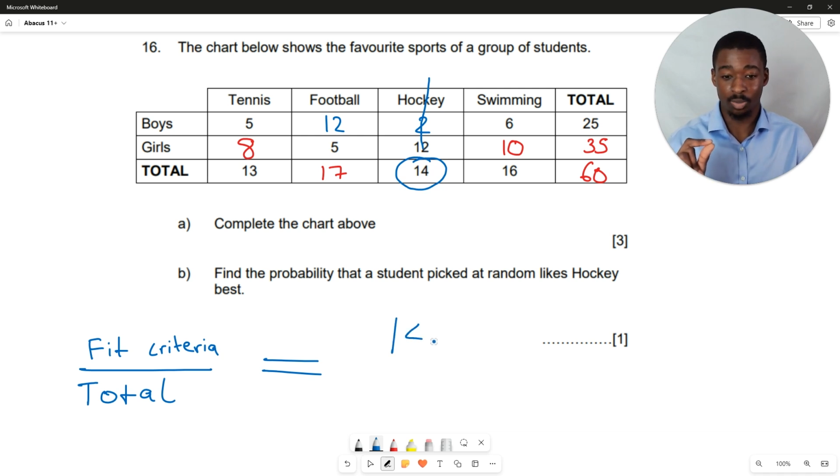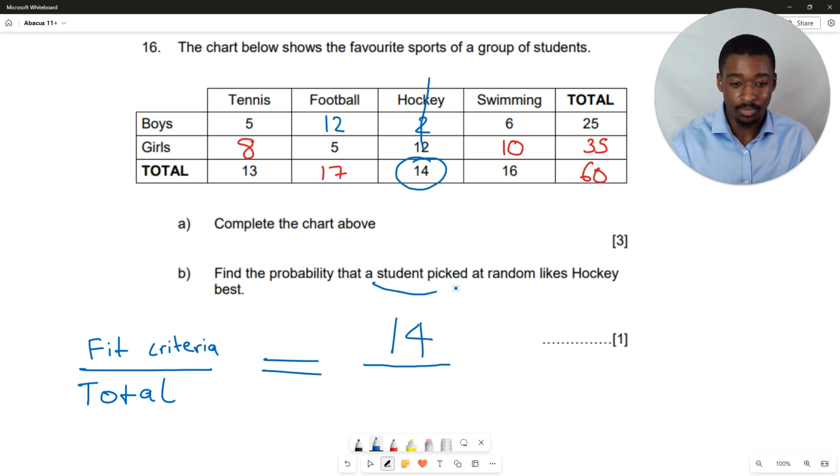So 14 is our numerator. And then how many students is this out of? Well, because we're picking students out of students, our bottom number, the total number, should be the total number of students, which is 60.